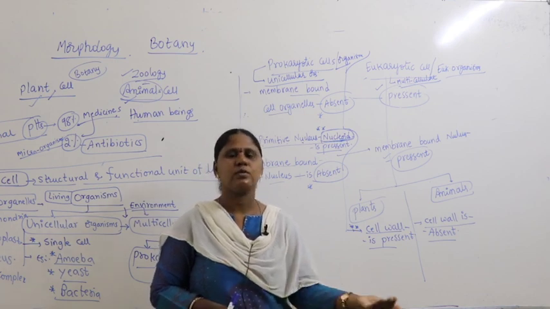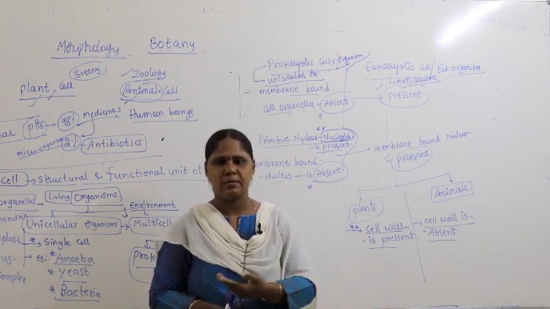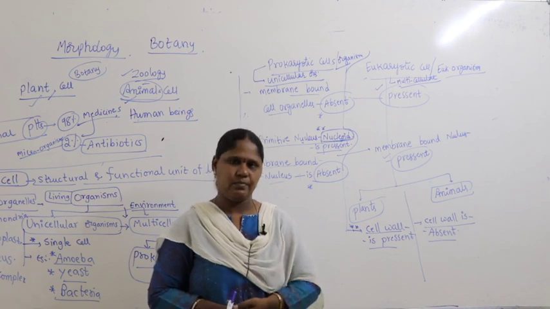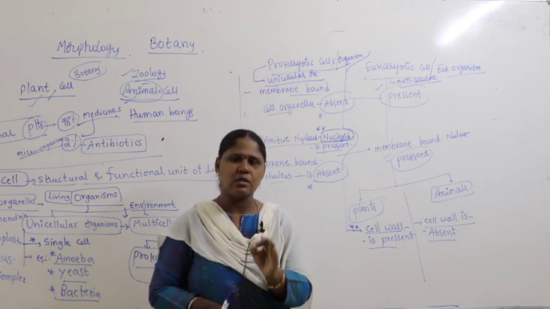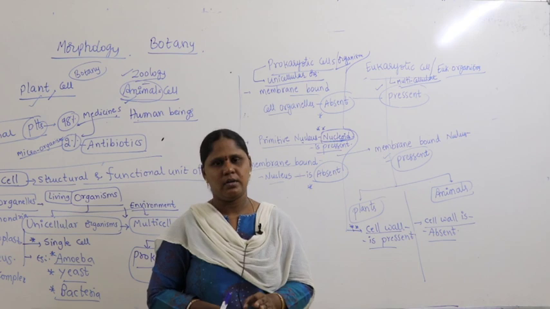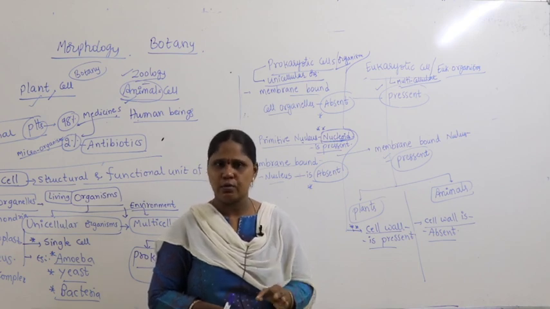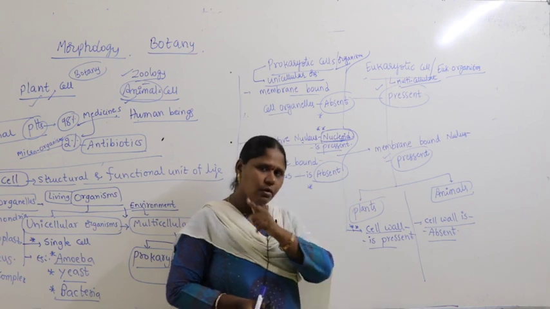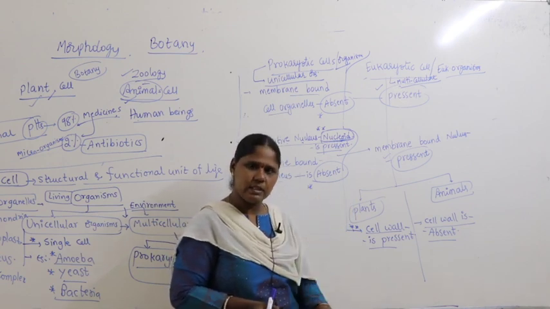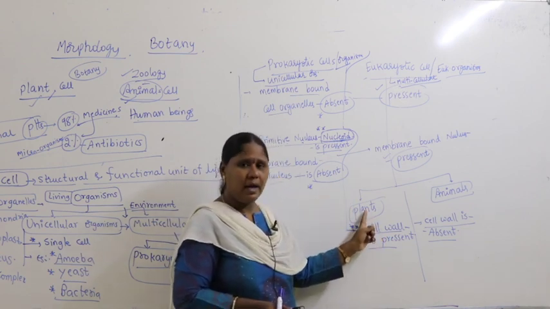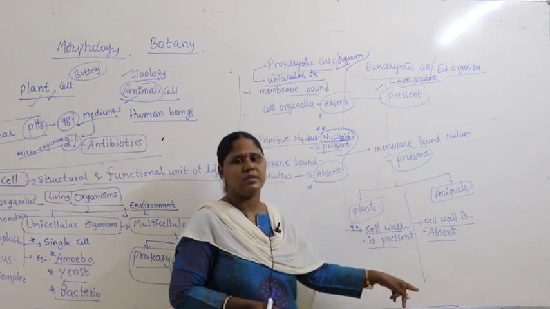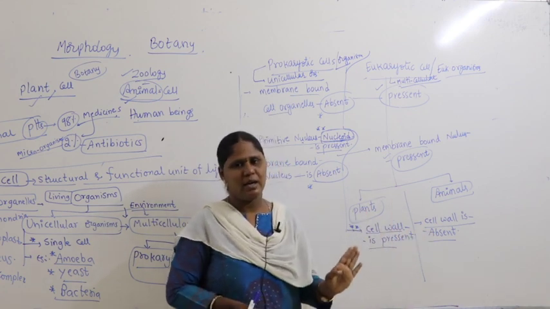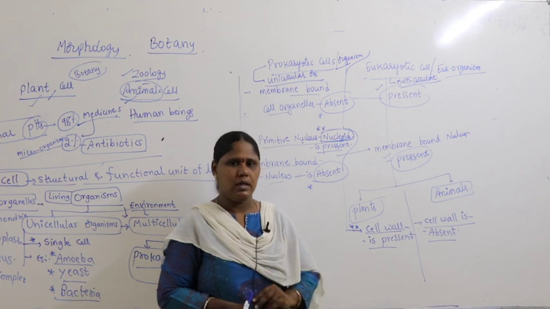Find out which has which. The first thing you need to look for is the cell wall. If you look at the boundary of the cell and the cell wall is present, it's a plant cell. If the cell wall is absent, definitely you can identify it as an animal cell.